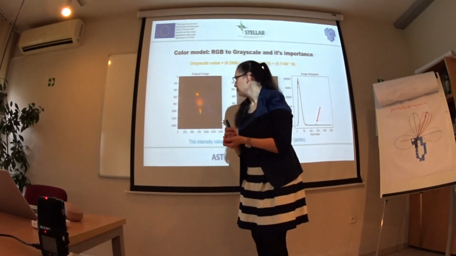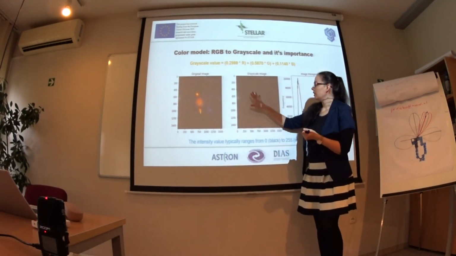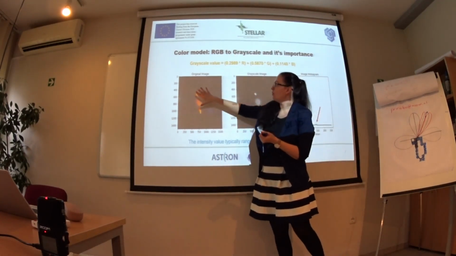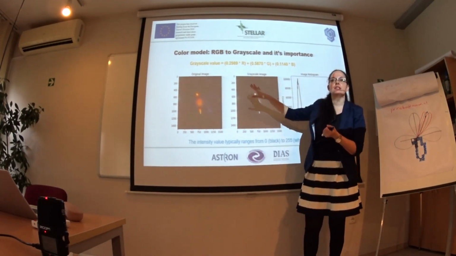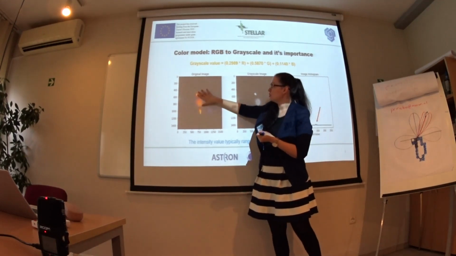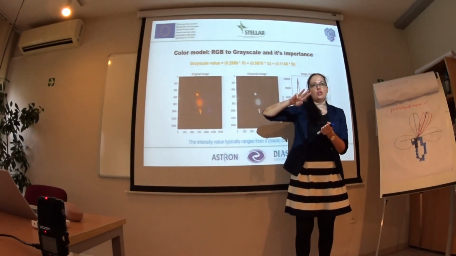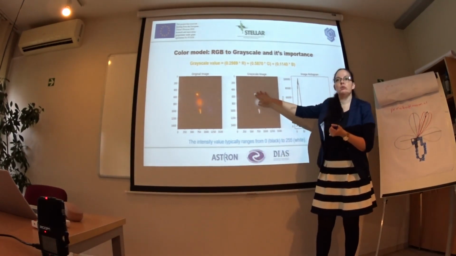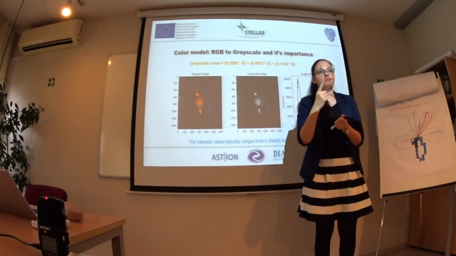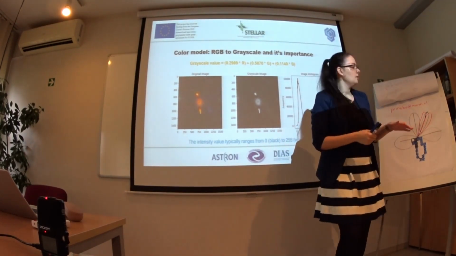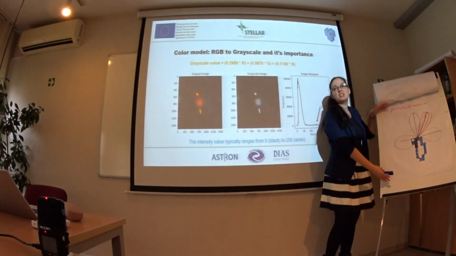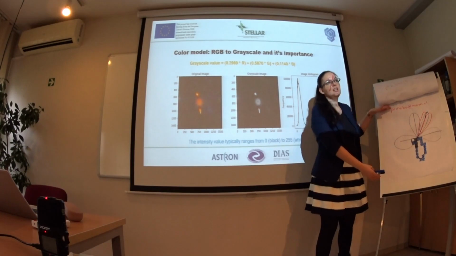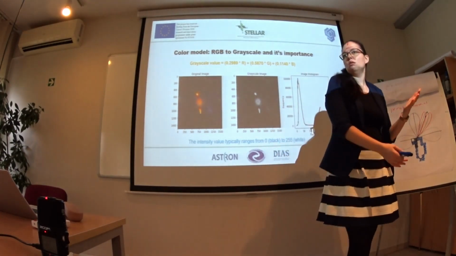So why are we talking about passing from the original image to a grayscale image? In the original image, you will have the 3 channels. In the grayscale image, you will have only one. If you have an image with a small quantity of pixels, the processing time will not be so long.